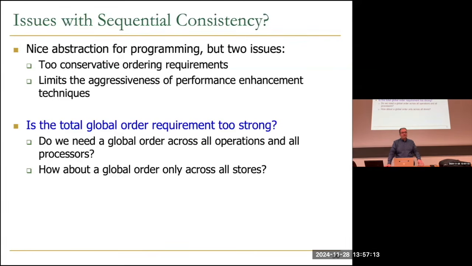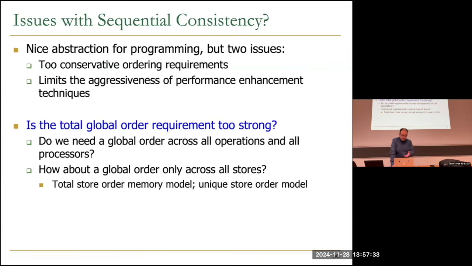There are many works in academia and also industry, in the way people implement microarchitecture, where they try not to be that strongly sequentially consistent. They implement some sort of weak consistency model that we're going to see. One example is that you can have a global order only across stores, because for stores you might care; for reads, you don't really care much.